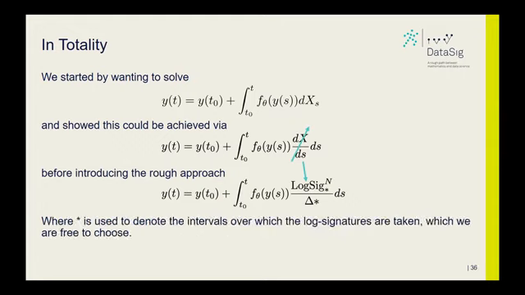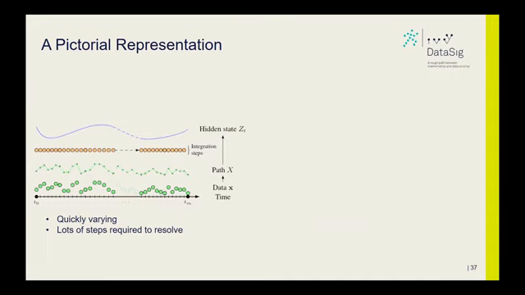The star here is just denoting the dependence on the choice of intervals, which we're free to choose. And so the log signature is evaluated over different intervals that will depend on the problem, depending on how fast the path is changing in any local region.